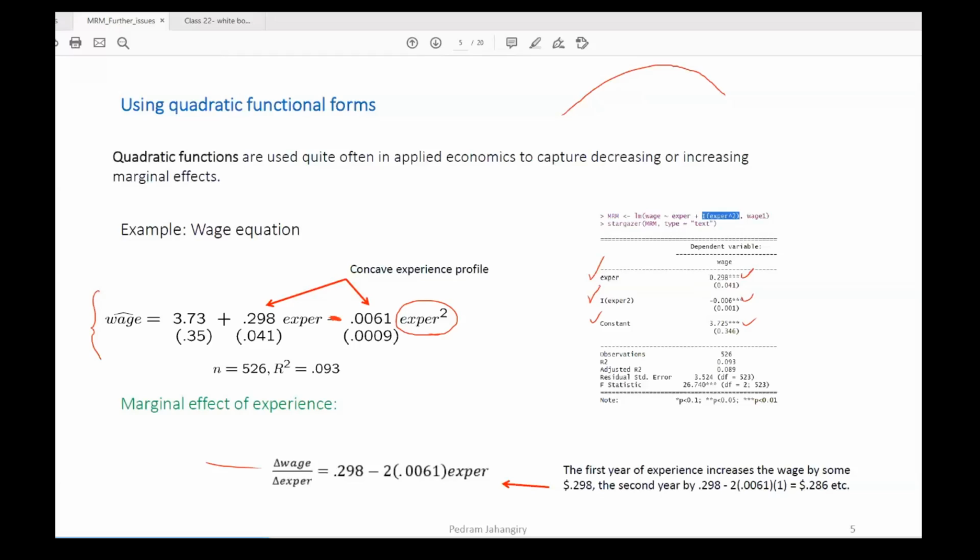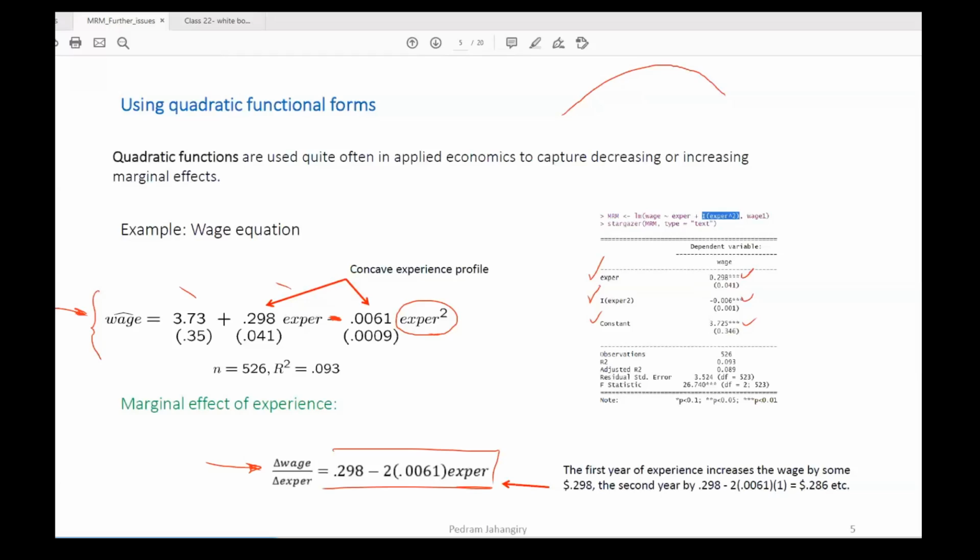And again, this is not something new. We have seen this before. So let's take the derivative of wage with respect to experience and see what we get. So in this equation, let's take the derivative with respect to experience. So this is 0, this is 0.298, and here minus 2 multiplied by 0.0061 multiplied by experience, right? So this is the derivative.